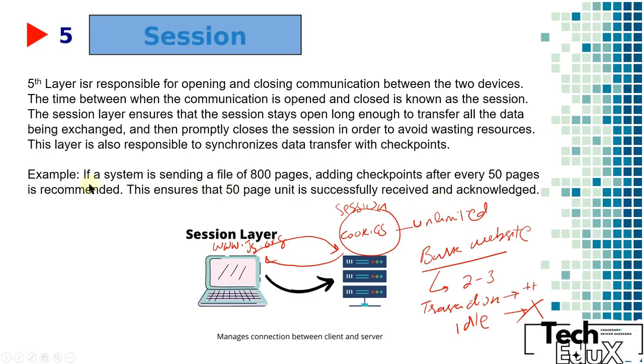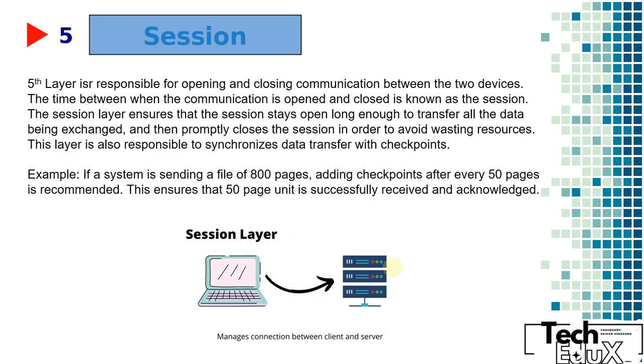So we have to send all 800 pages, but a checkpoint is added after every 50 pages. Once all 800 pages have been transferred to the server successfully, then our session will be closed. So this is the main idea of having a session layer.